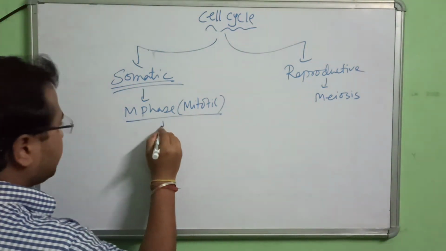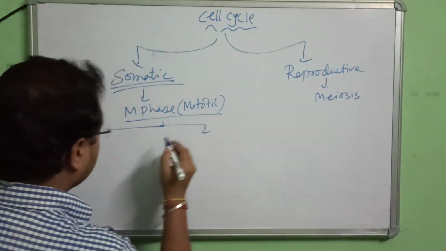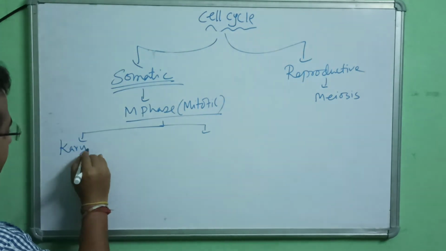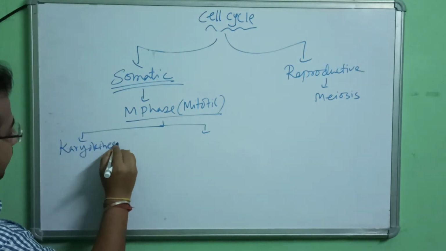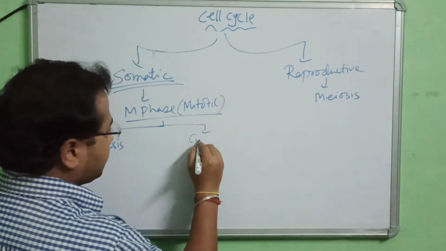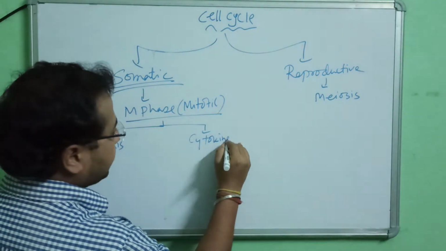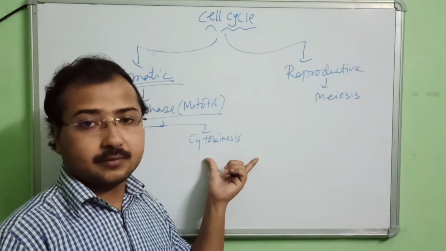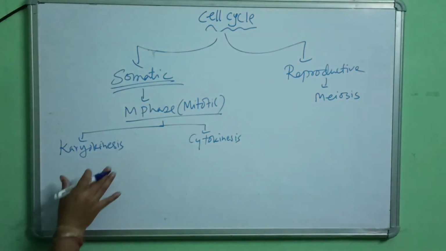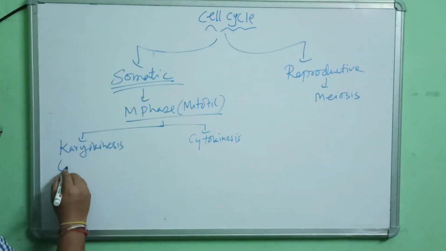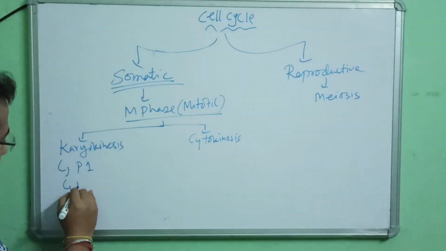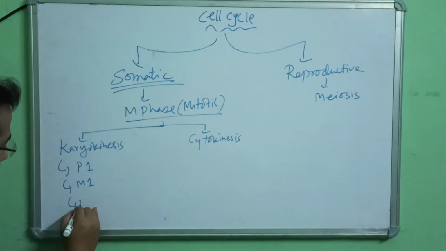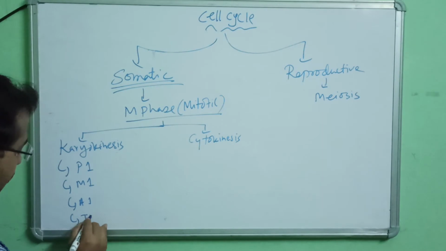Under mitosis cell division, there are two steps. One is karyokinesis, another is cytokinesis. Nuclear division and cytoplasm division. Under nuclear division, what stages do we see here?